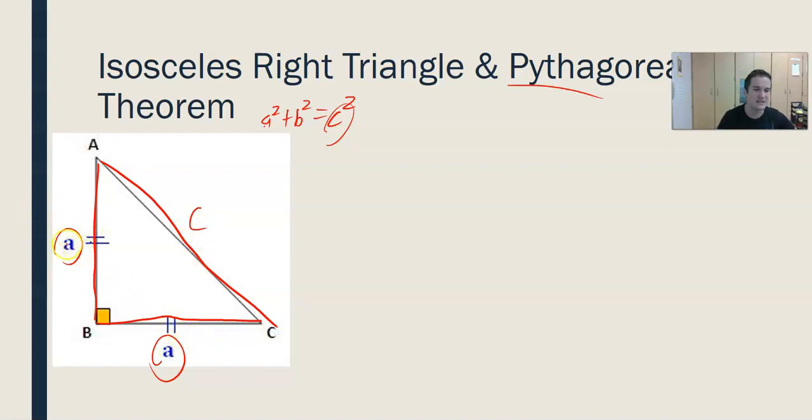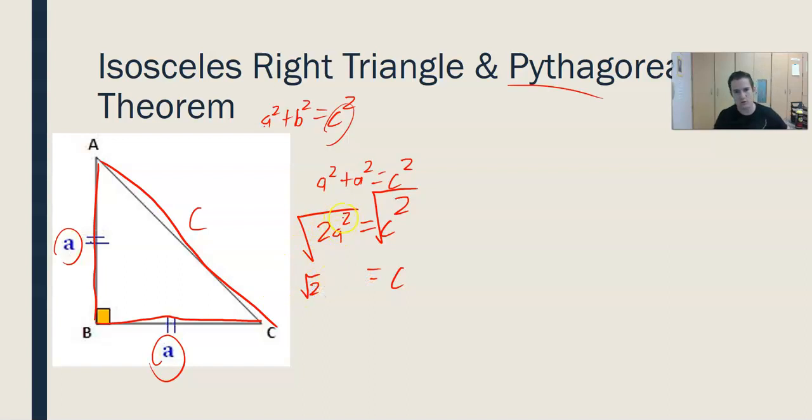Well, since the legs of this triangle are the same, I could write a squared plus a squared equals c squared. Well, let's find out what c is in terms of these other two sides. Well, a squared plus a squared, that's 2a squared. 2a squared equals c squared. So if I wanted to find what c was, I would square root both sides. I'd get c equals the square root of 2 times, well, the square root of a squared is just a.